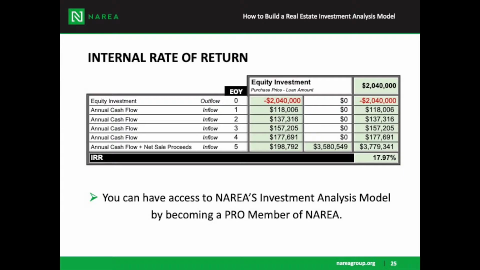Then you have your annual cash flows, which should coincide to what we put on our sheet. And then at the end of the day, you have the cash that you receive from the sale of the property. And you add that all up, and it will spit out your IRR.